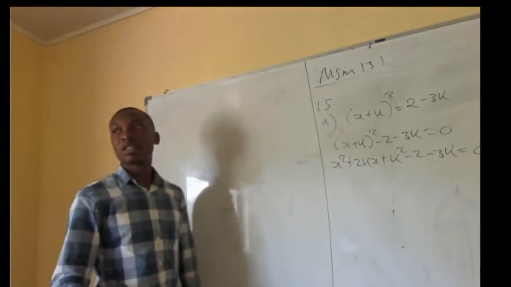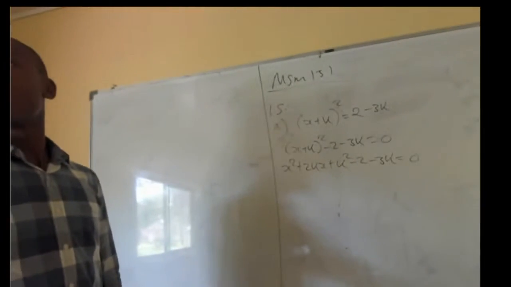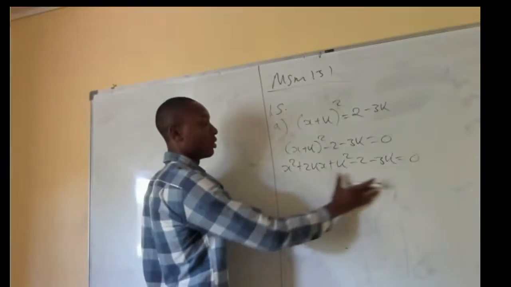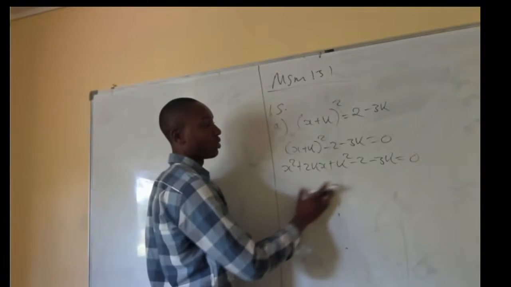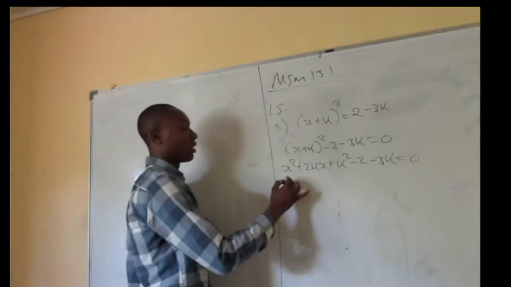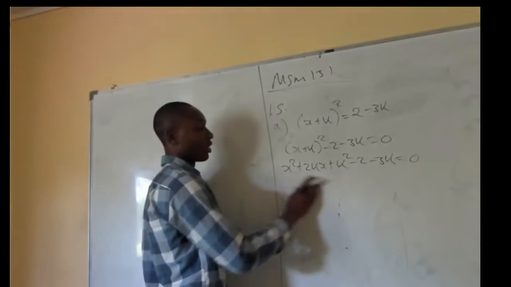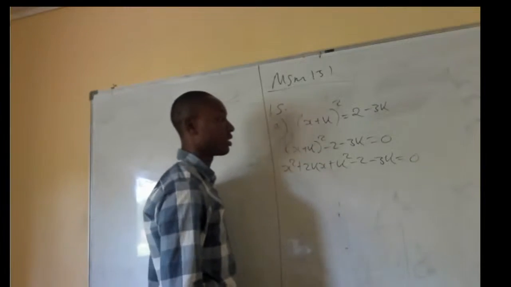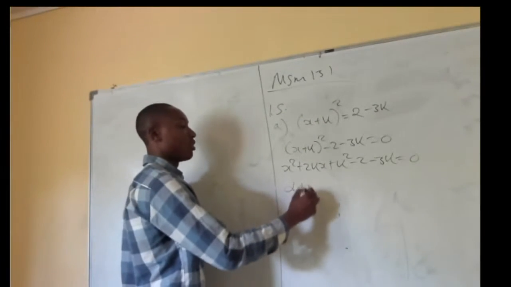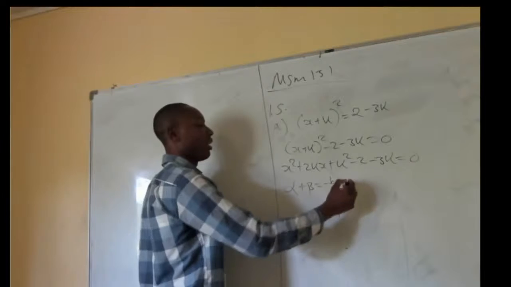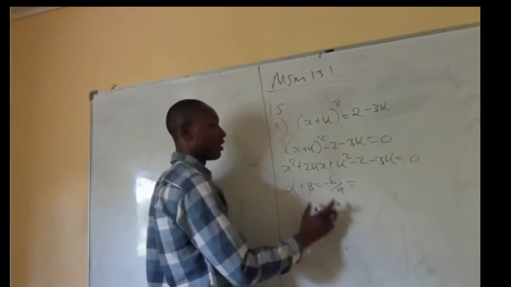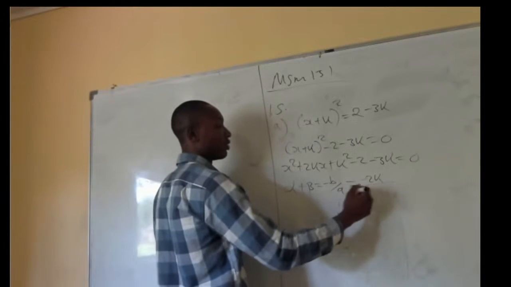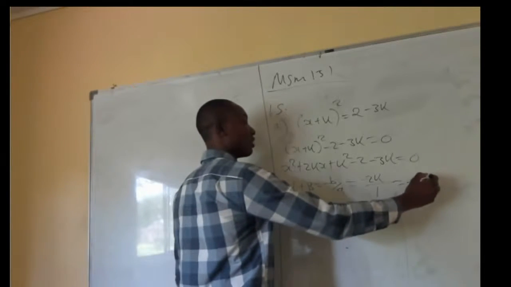From this, the next thing we need to do is arrange this so that we can see the A, the B, and the C. The A already is 1, 2k is B, and this whole expression is C. We know that the sum of the roots is given as negative B over A. Since B is 2k, we have negative 2k over 1, which is just negative 2k.